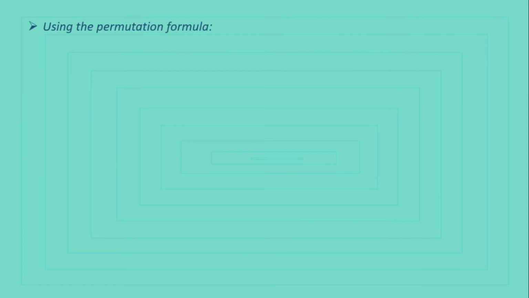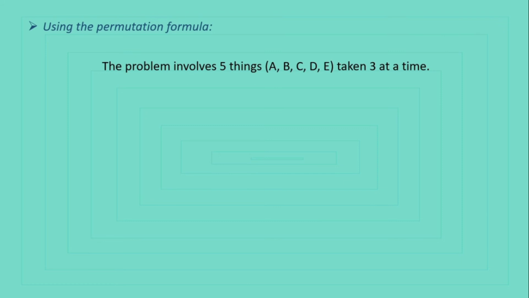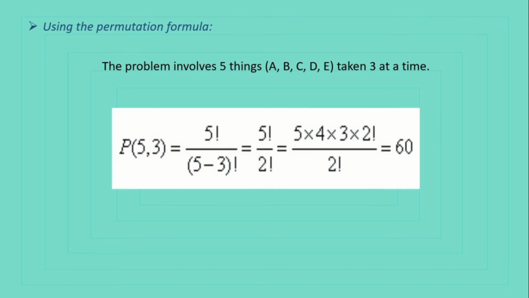Another one is by using the permutation formula. The problem involves 5 things: A, B, C, D, E, taken 3 at a time.